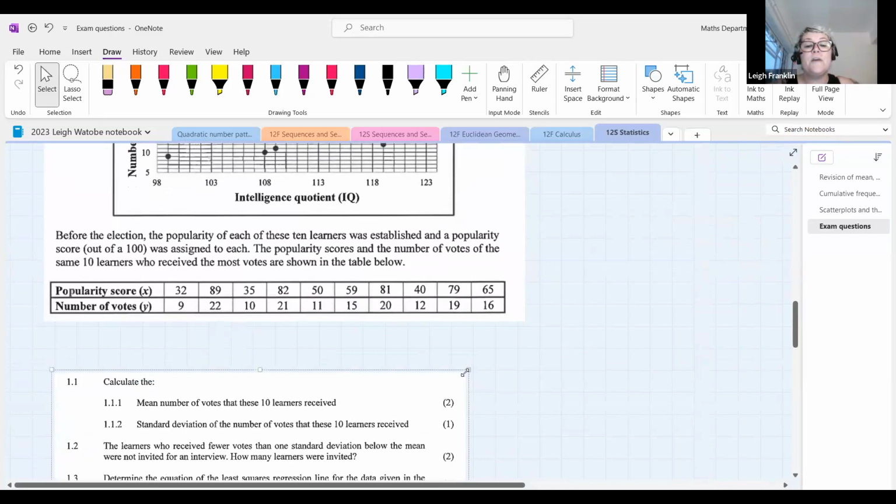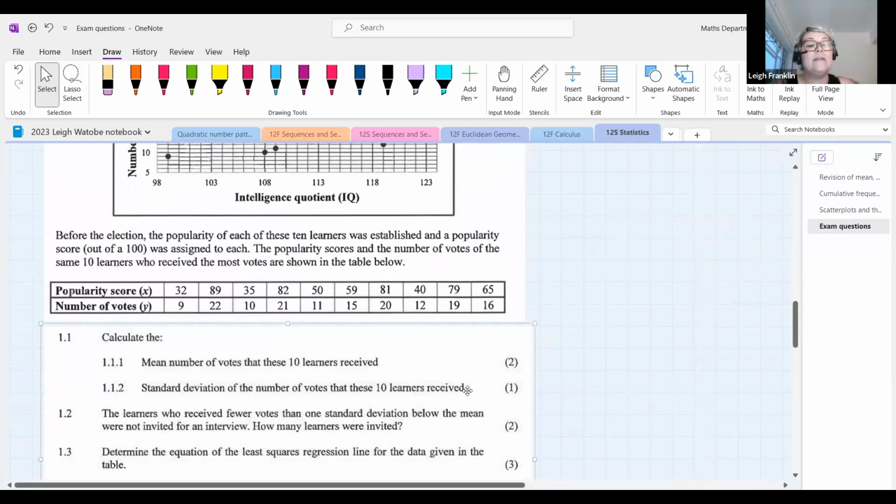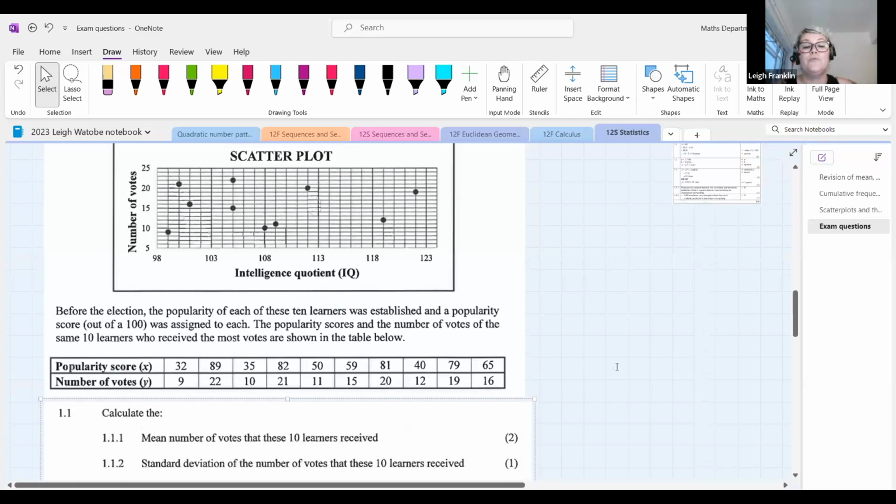The first thing that they asked us to do is to calculate the mean number of votes that these 10 learners received. I'm going to let you guys do that. And you can also answer the next question, the standard deviation of the number of votes that these 10 learners received. You guys do that quickly. It's not an estimated mean, it's just a normal mean. It's not group data.